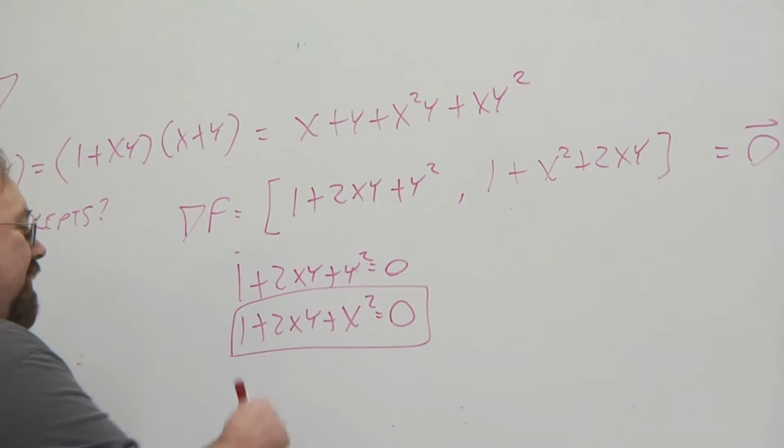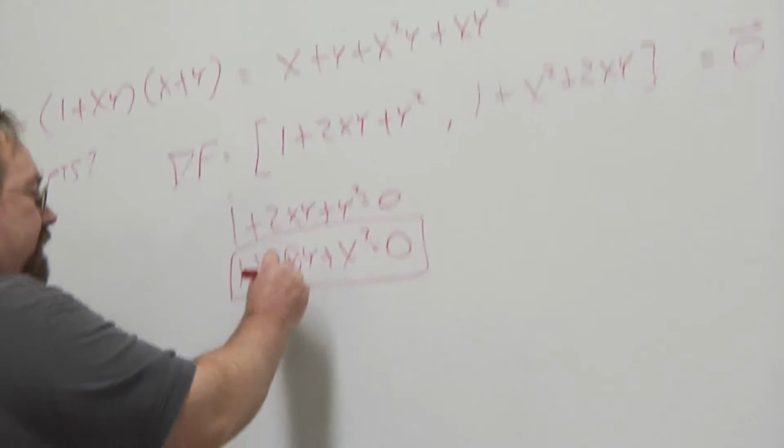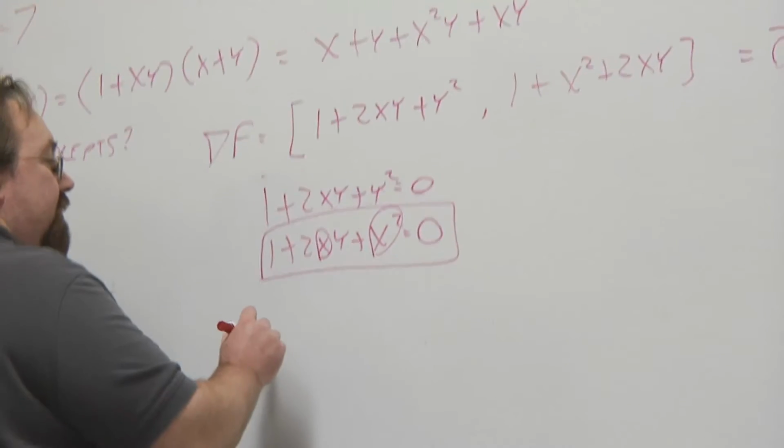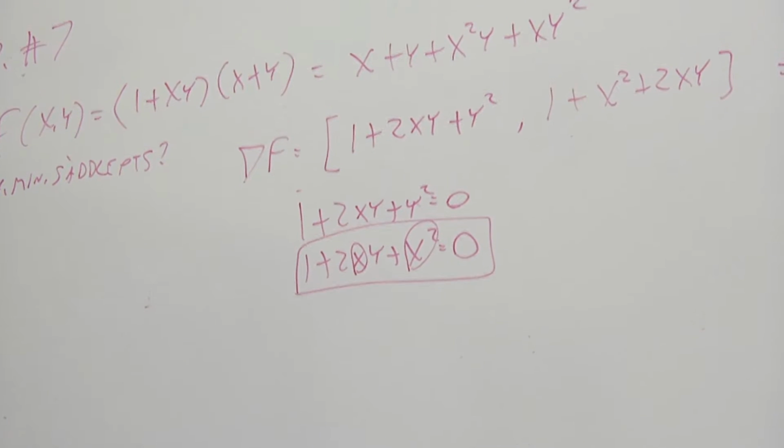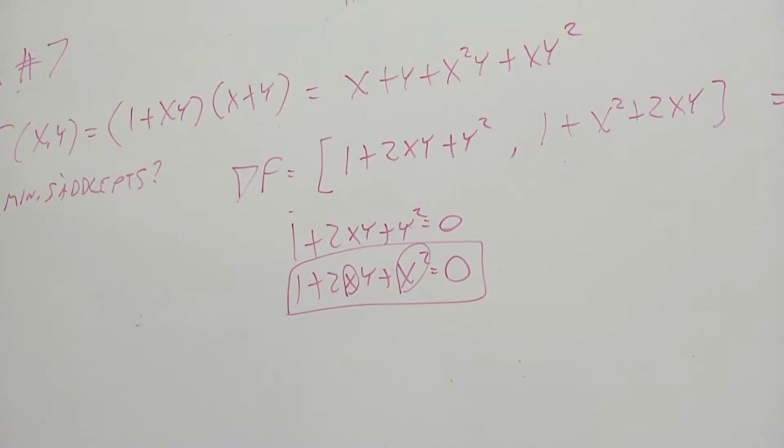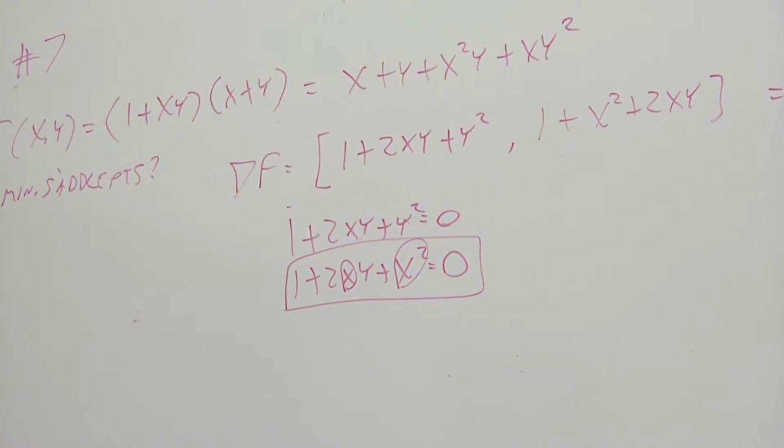So in terms of x, because we have x here, an x squared here, and a constant here, you can apply the quadratic formula to get a value for x in terms of y.